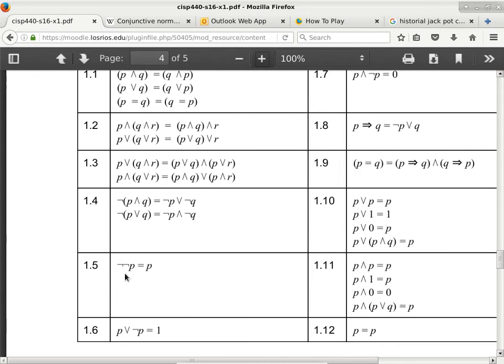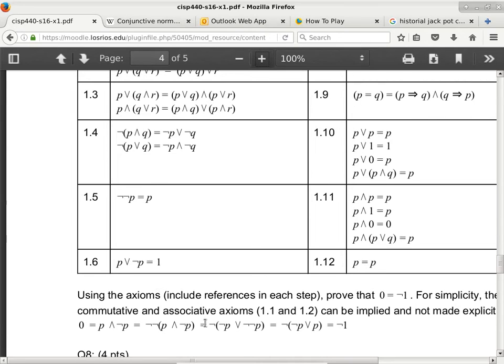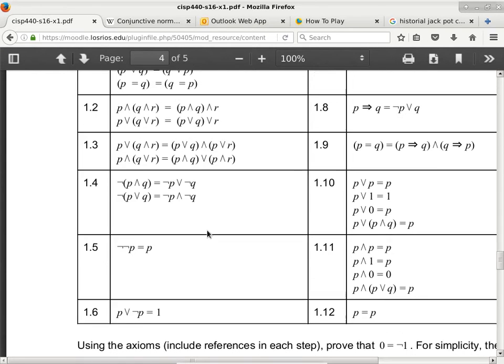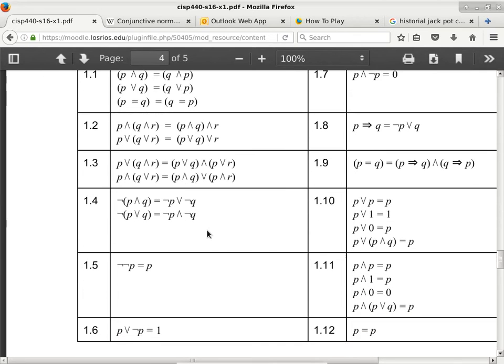Now double negation is 1.5, so if you take the double negation of something, you get that something back. Is that okay? All right, but how is that going to help us? Well, we use this one here. We basically use De Morgan's law to distribute the inner negation into the inside first. So this is the application of De Morgan's law. De Morgan's law is stated here.